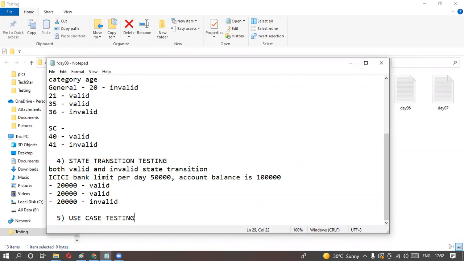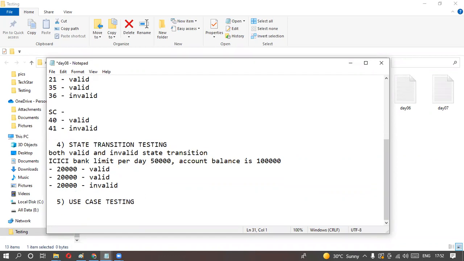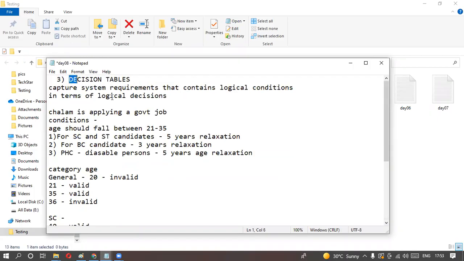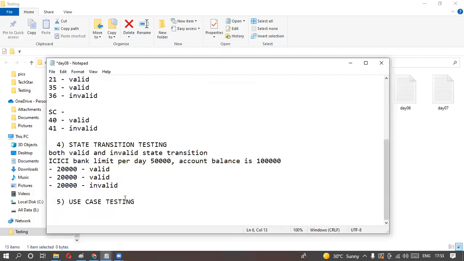Next, what is use case testing? This will never be asked in interviews, these three. They never ask what is decision tables, what is state transition, but just for knowledge's sake I am explaining. So use case testing is nothing but use cases.